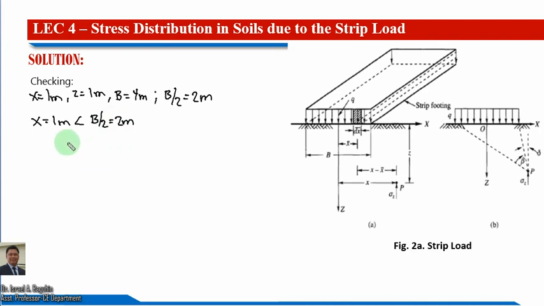So we can say that, from the original equation, sigma z is equal to our small q over pi, and then we have the inverse tangent of z over x minus b. This is our original equation actually.